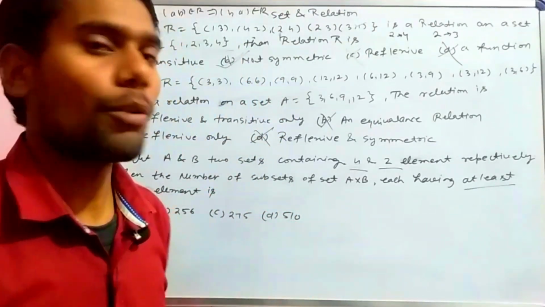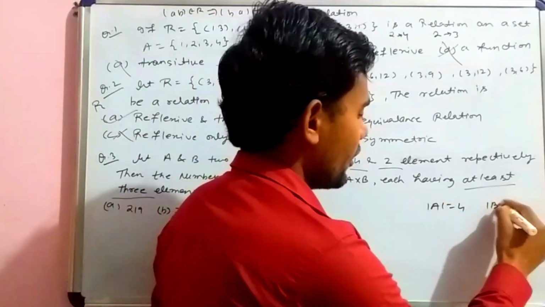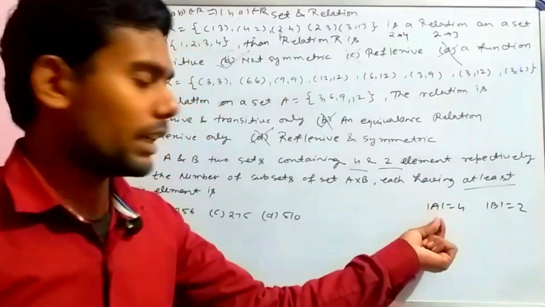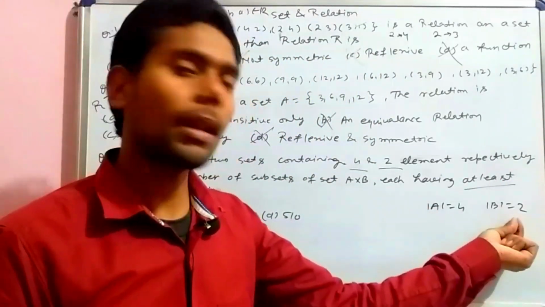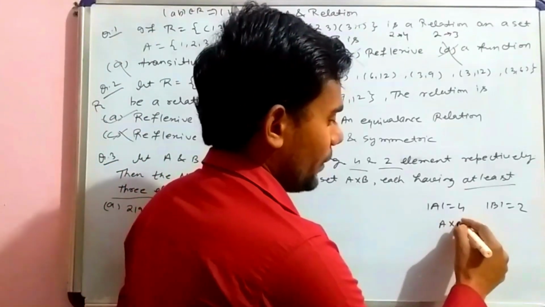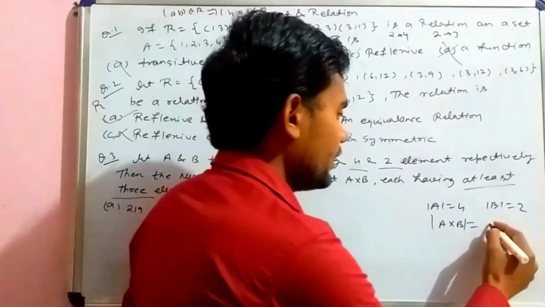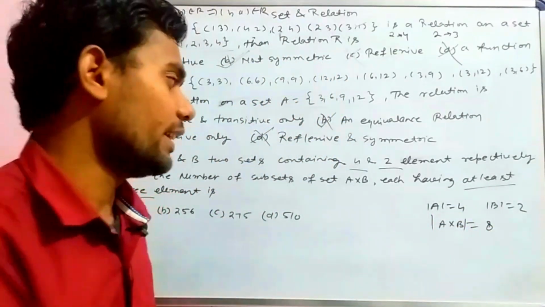We have to check the correct option. The cardinality of A is 4 and the cardinality of B is 2, so the total number of elements of A cross B is 8.